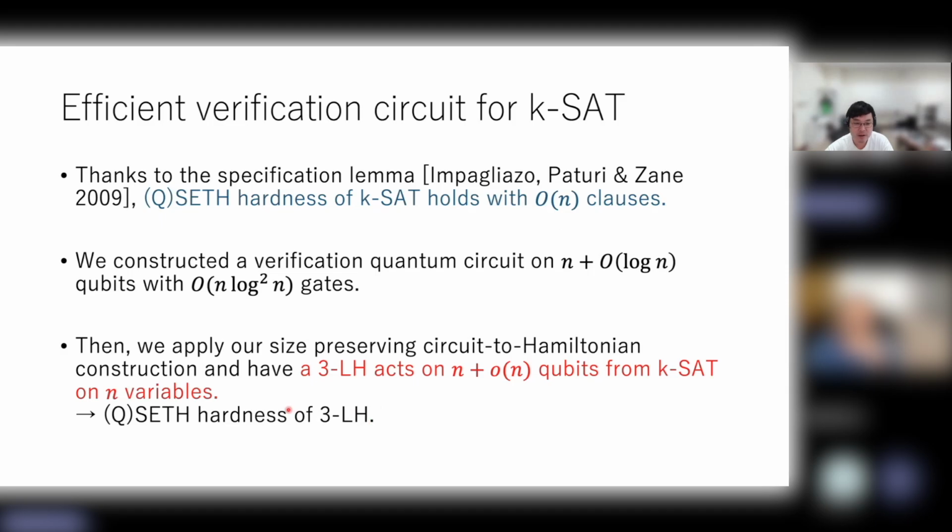And then we indeed have a size-preserving reduction from QSETH to, especially, the 3-local Hamiltonian problem, when we apply D equal to 2. By this method, we can show the SETH-hardness of the 3-local Hamiltonian problem. In other words, 2 to the n time is optimal for the 3-local Hamiltonian problem.